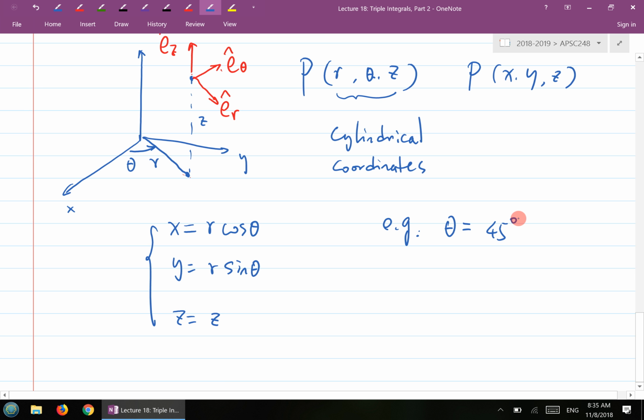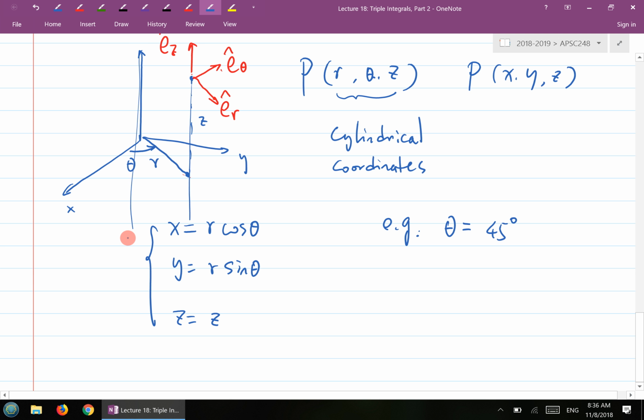That's right. Because if I tell you x equals 1, you're not just visualizing x equals 1, you're visualizing a plane in 3D. Similarly, in cylindrical coordinates, theta equal to 45 degrees refers to a line at 45 degrees, but in reality you're extending it up and down to get a plane.